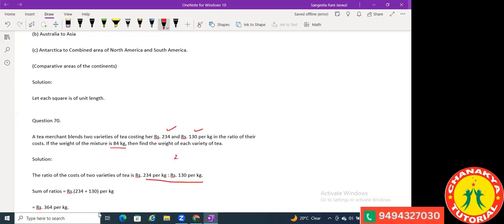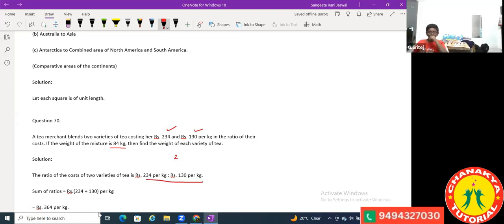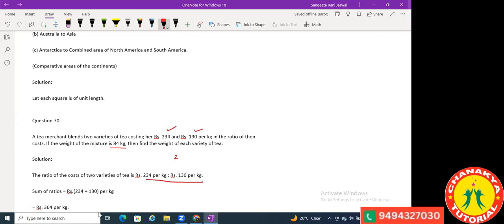Are you understanding? The same thing is given in the question. Yes, ma'am. The cost of 1 kg is given in the ratio of their cost. So when rupees is there, that means it's cost itself. Okay. So this is the ratio that is given in the question.